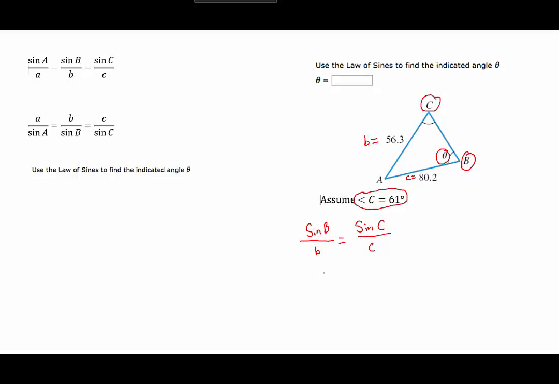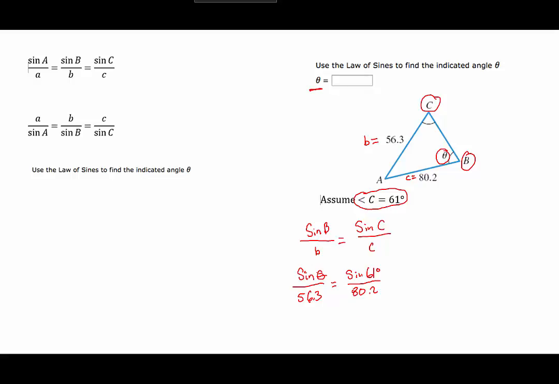So this will give us the sine of B, but we'll call it theta because that's what we're supposed to find. We're supposed to find theta, over side B, 56.3, is equal to the sine of C, which will be the sine of 61 degrees divided by side C, 80.2.